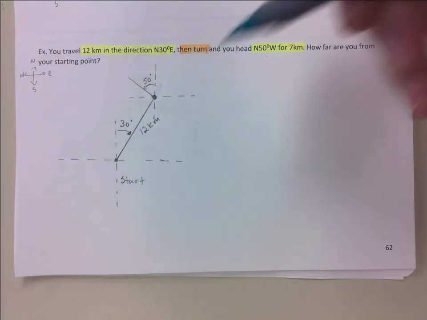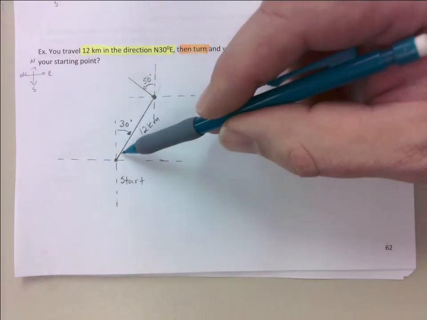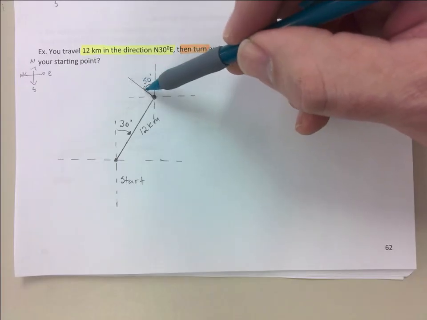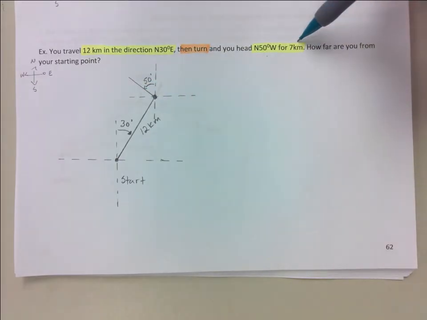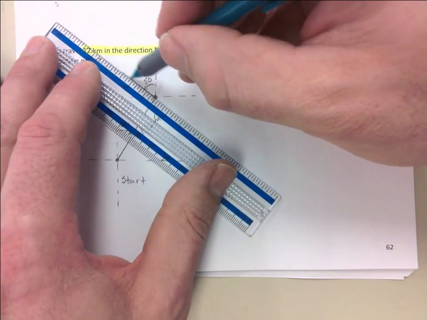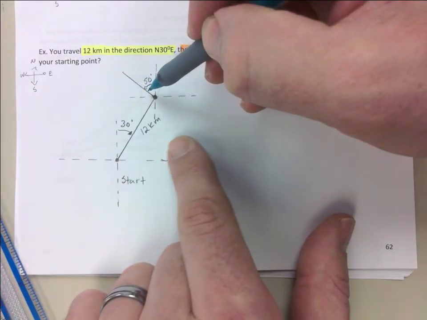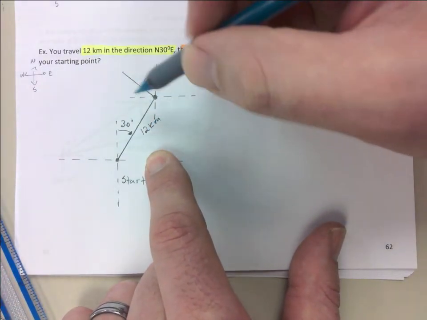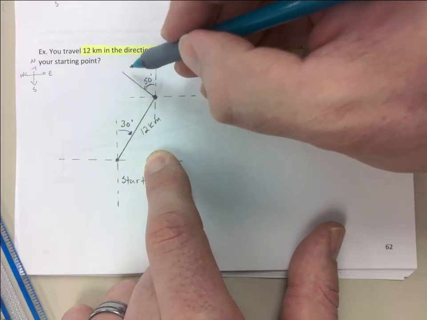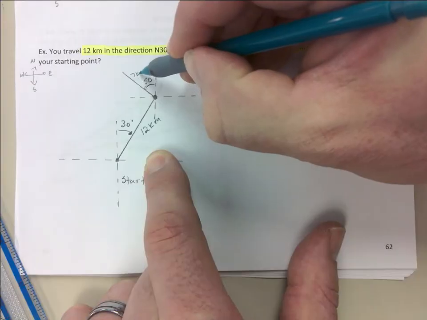Now, what helps students is to realize if this is 12, this one should be shorter, correct? This is what, 7? So then I just tell my students, make sure you know that this is shorter. So I'll make it a little bit shorter than the previous one. It's a little bit more than half. So I will call this 7 kilometers.